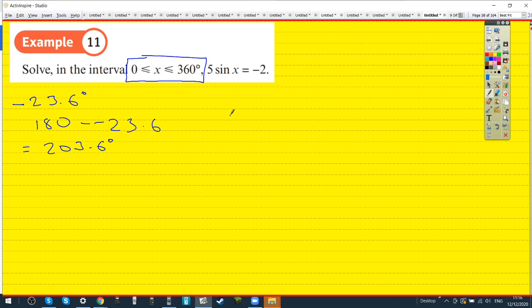No, could you do the double? To get any more solutions, you do your previous ones plus or minus 360, whichever way you need them to be in the range.